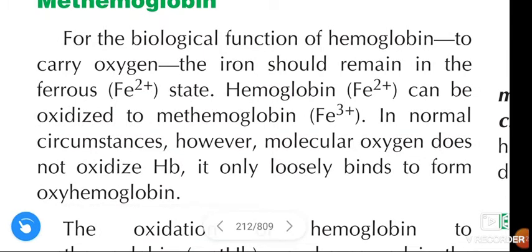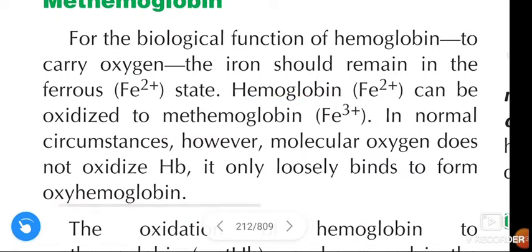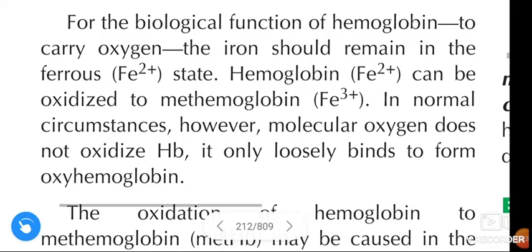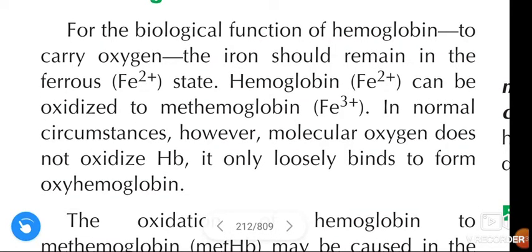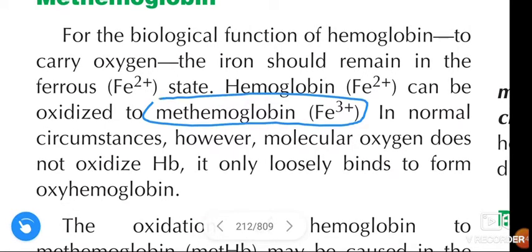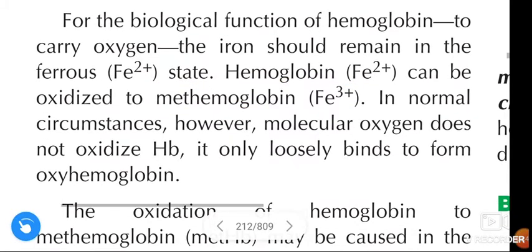Next, the hemoglobin can be oxidized to methemoglobin, that means conversion of the Fe+2 state to the Fe+3 state. In normal hemoglobin, iron is in the Fe+2 state, but in methemoglobin, iron is in the Fe+3 state.